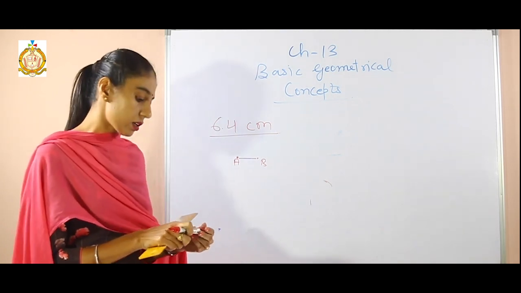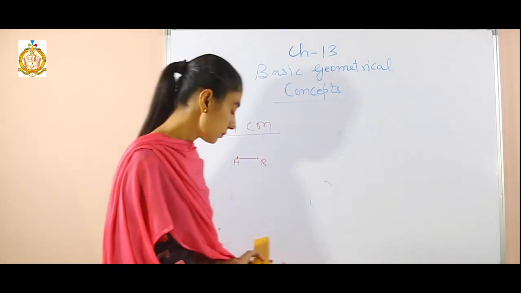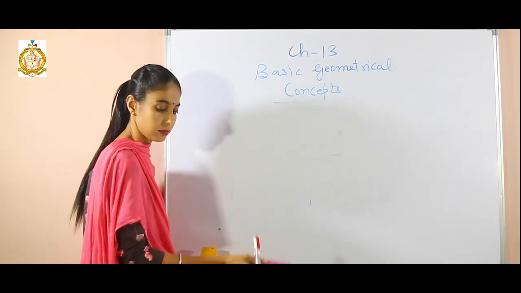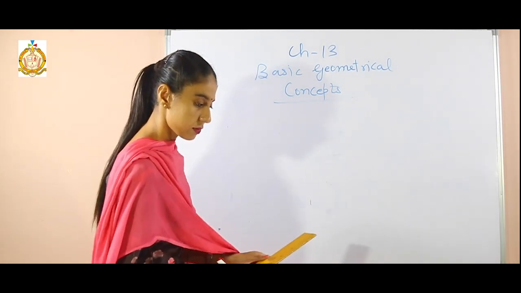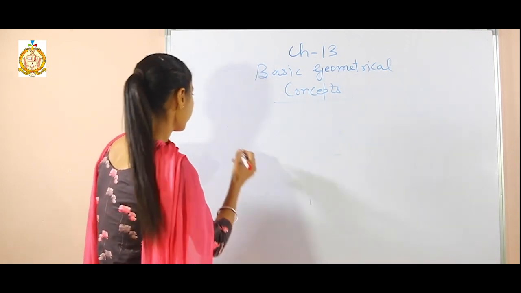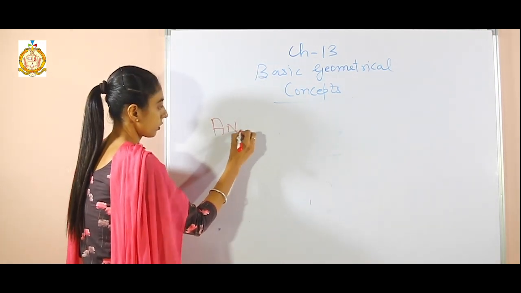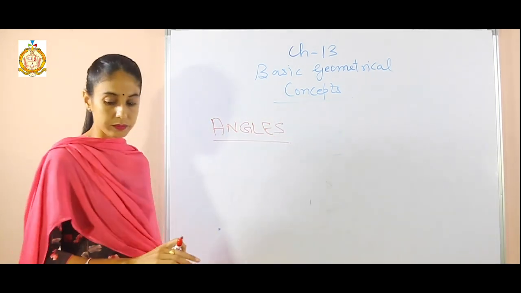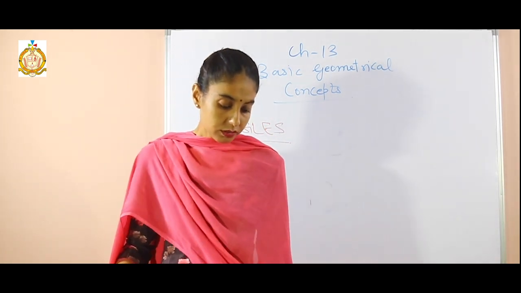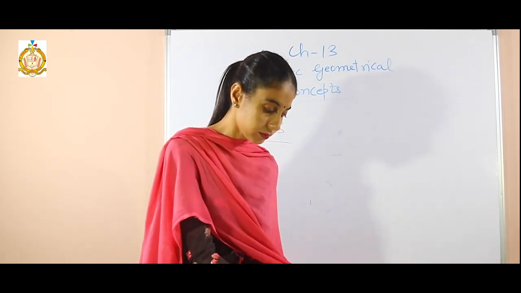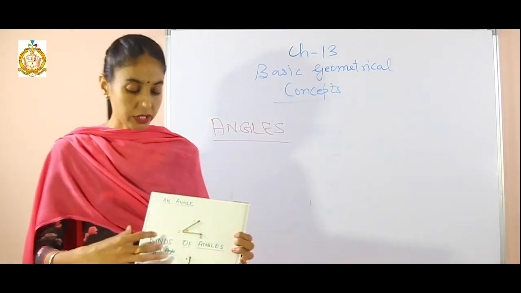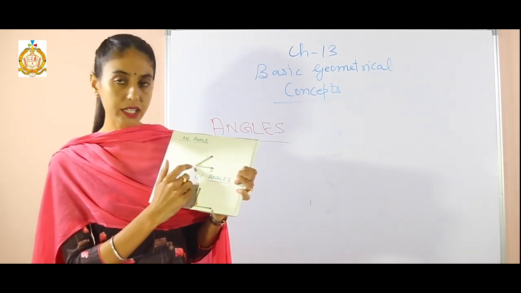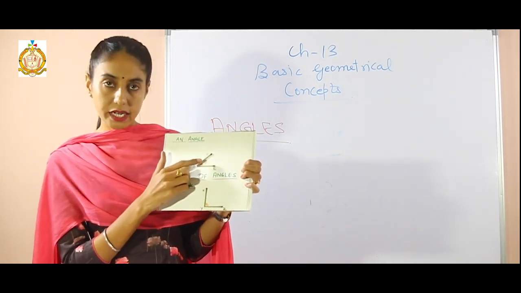Next topic is angles. What is an angle? There are two line segments, C and D, D and T, with a common endpoint.